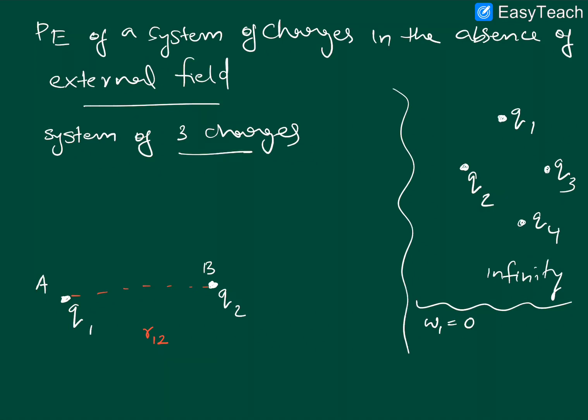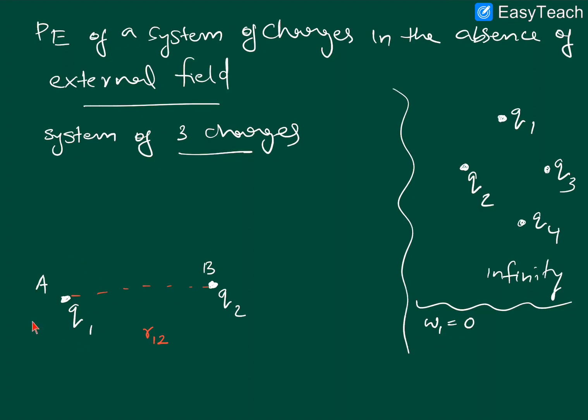So what is the work done in this process? Is it again 0? As you can see, it is not 0, because even though there is no external field, when you move q2 from infinity to this point B, there is already a charge q1 at A. This q1 can exert a repulsive force on q2.